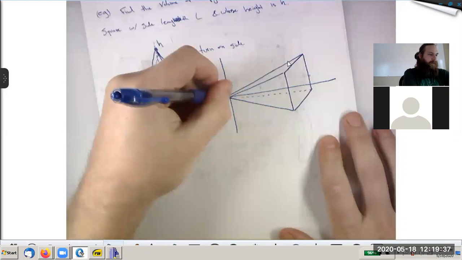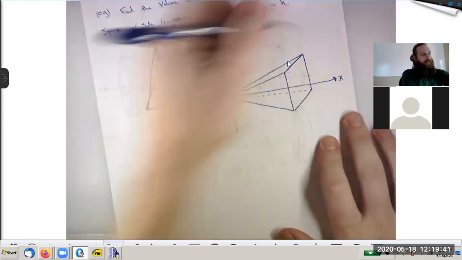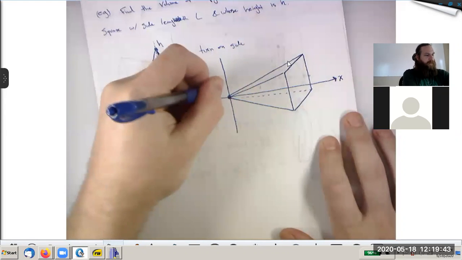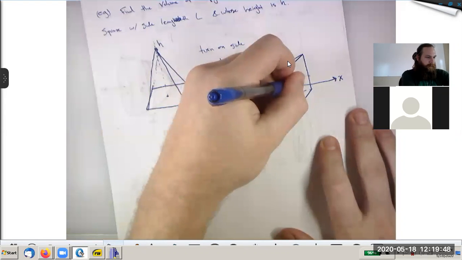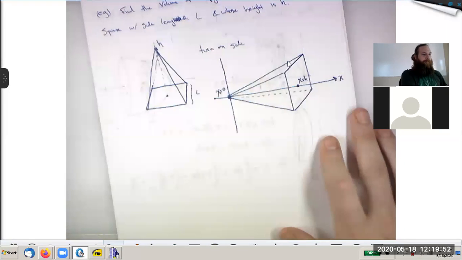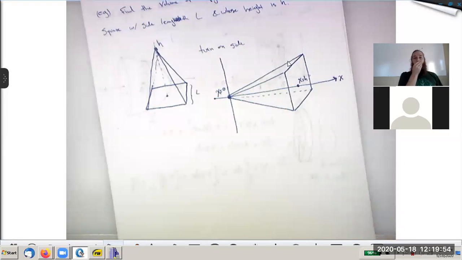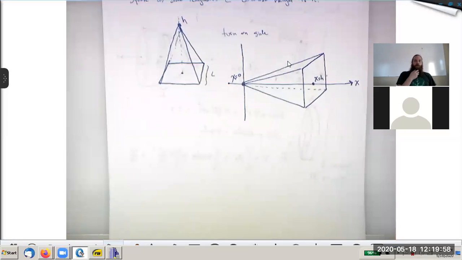So down here at the point, x is equal to 0. This is my x-axis. And out here where the pyramid ends, x is equal to h. All right. And then the question is, what does a slice of this thing look like?